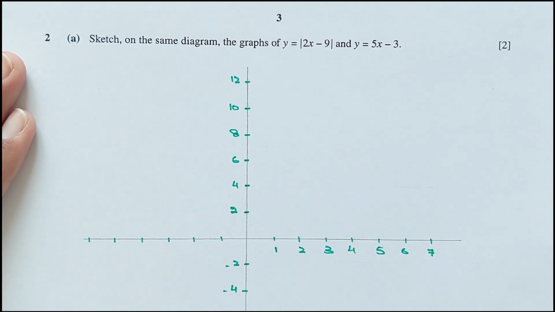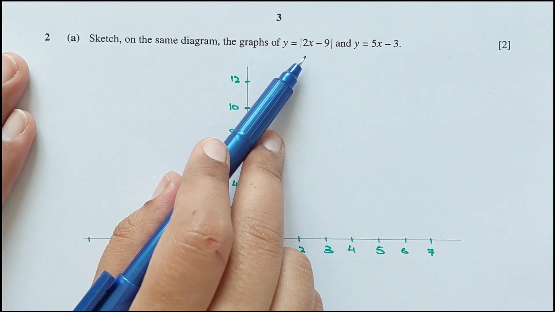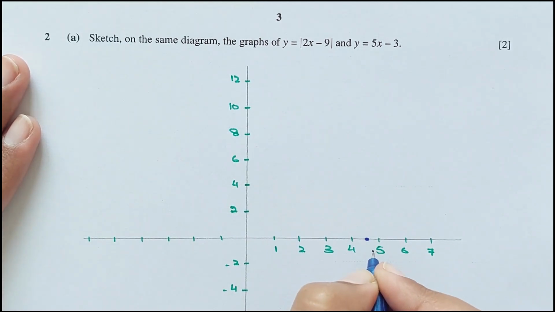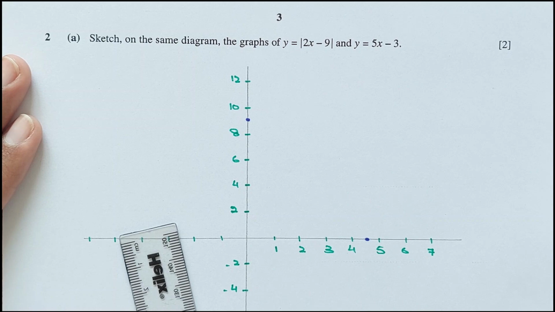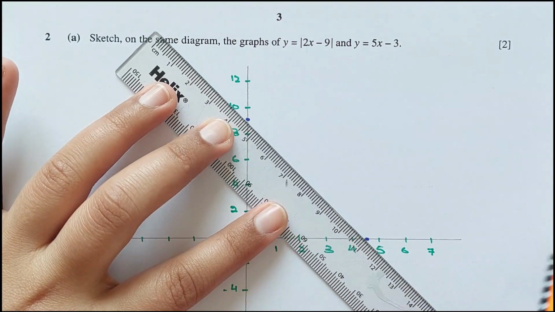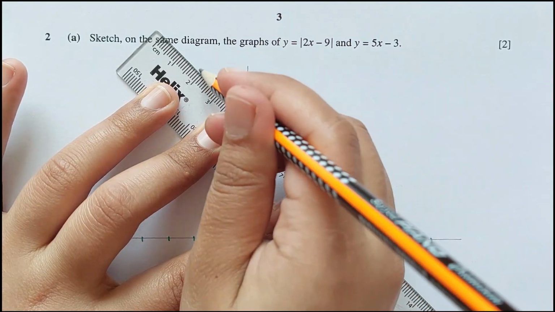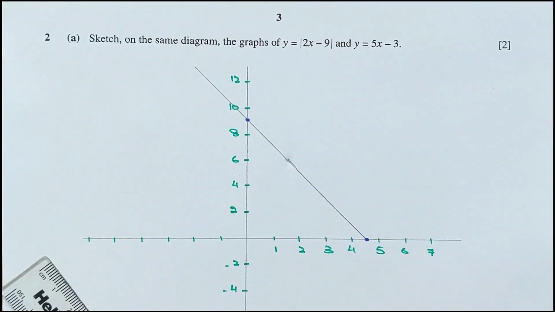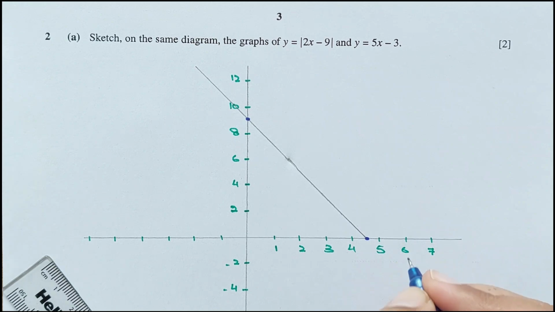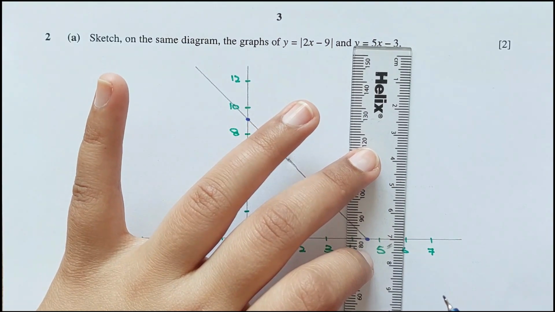For the first function, the absolute value function, the x-intercept is 4.5 over here and the y-intercept is 9 over here. Let me connect these two points. And when x is 6, the y we got is 3.